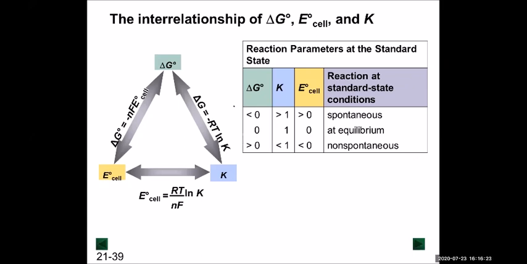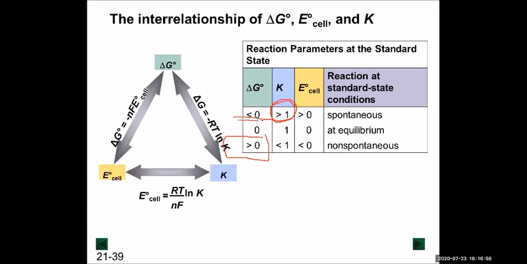And we learned from the last chapter that when the standard free energy change is negative, meaning we lose free energy, the reaction is spontaneous, which means the products are favored. Rigorously speaking, spontaneous actually means whether the equilibrium favors the reactant or the product.